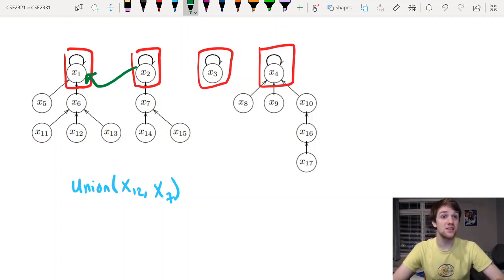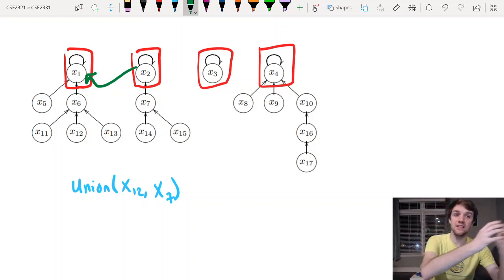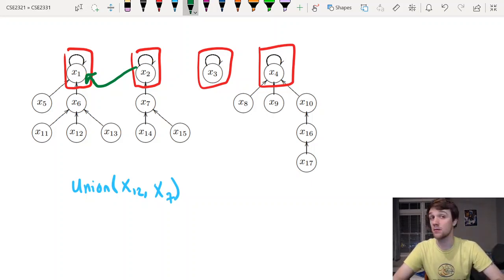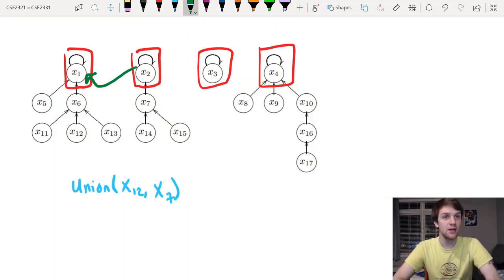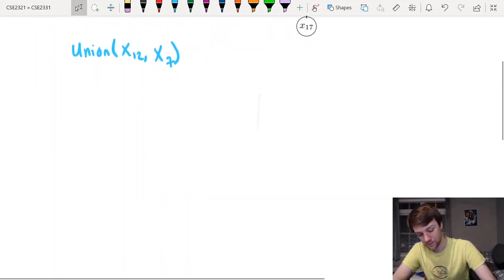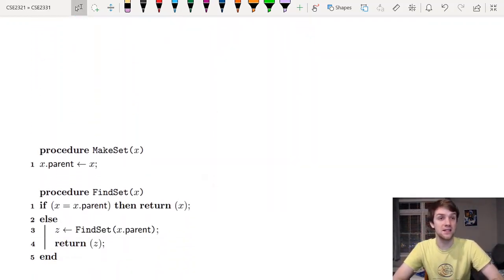So, just like we did with the linked list implementation, all we're really doing here is rearranging pointers when we do our union. But we may also need to find the root of the tree, like we had to find the head of the linked list. So, let's see how this gets implemented. If we scroll down, make set, we simply set x to be its own parent.